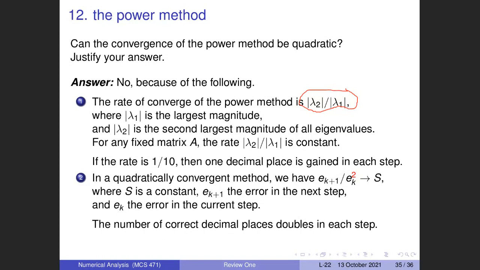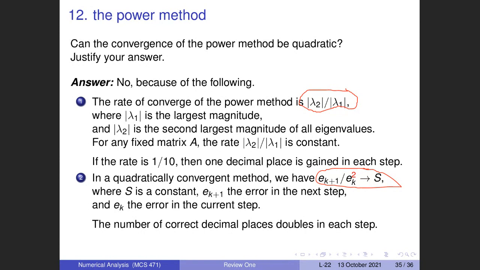What it means to be quadratic is that you have an exponent in the ratio between two consecutive errors. If you take that ratio, you will also see a fixed step. So quadratic convergence means you have a doubling of the correct decimal places in every step.